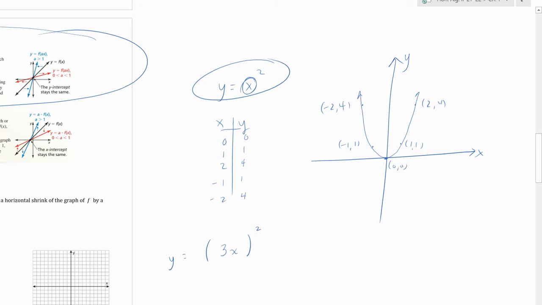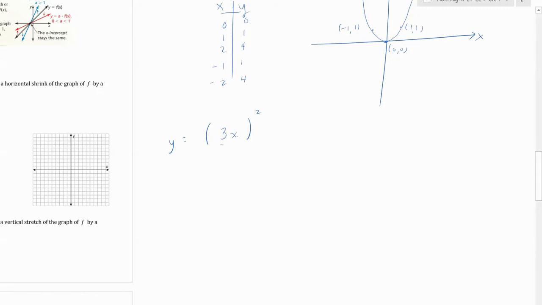Okay, when you put a number in with the input value, it basically does what you don't think it will. Like most times you think, oh, times 3, that's going to make it grow. But if you put it in with the x, x is run, side to side. That's horizontal. Okay, so putting a 3 in here, well, think about this.